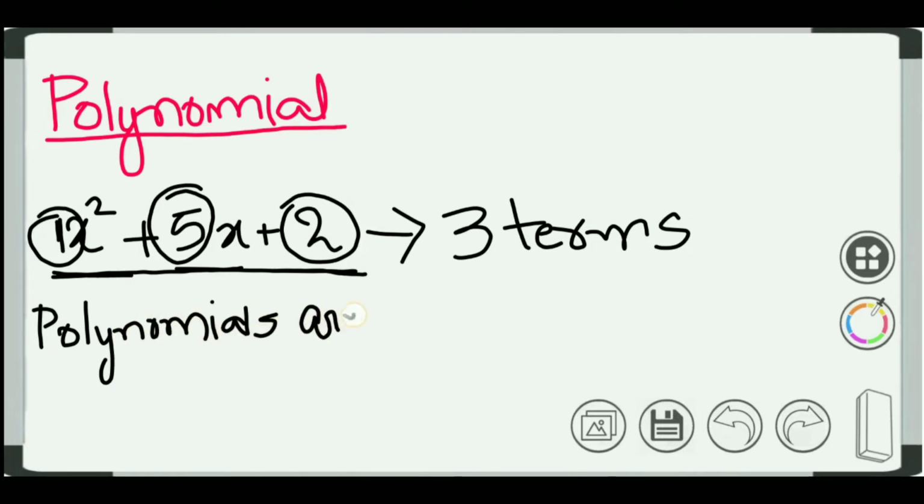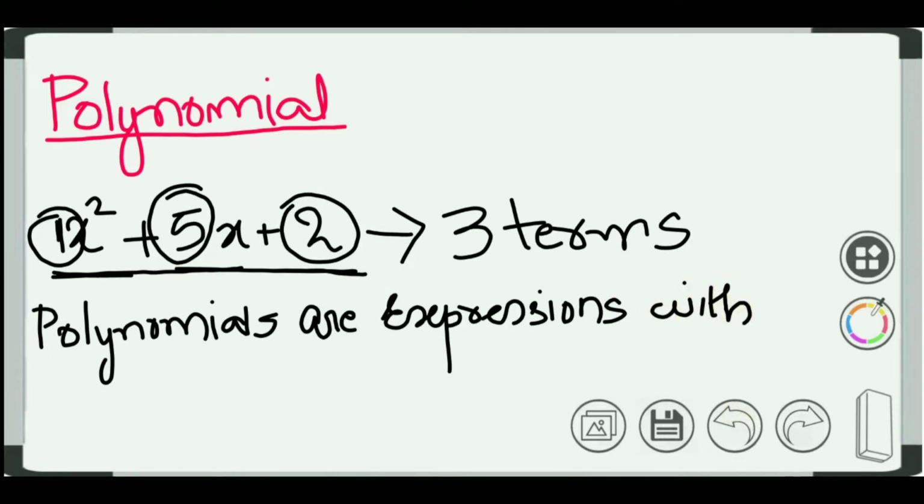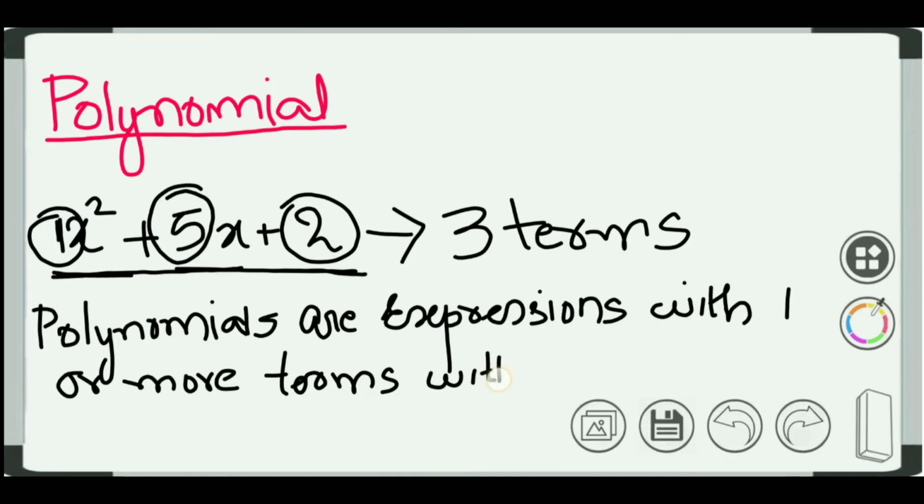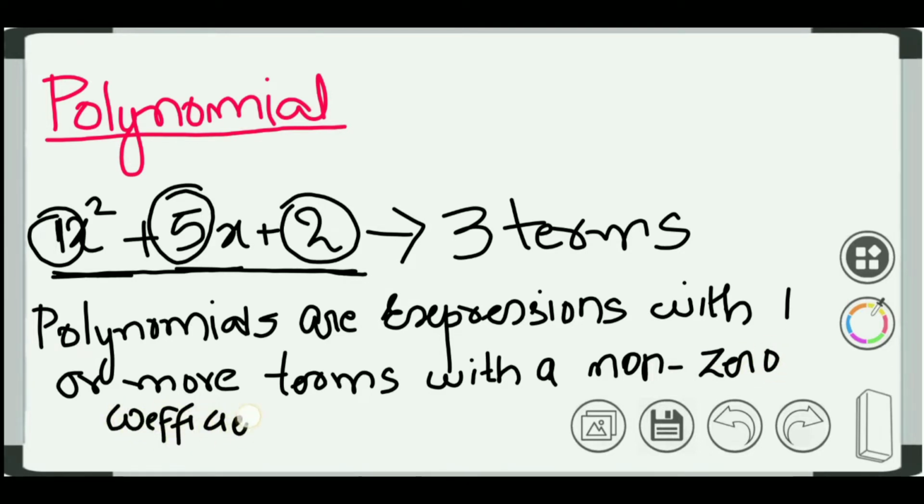So the definition is: polynomials are expressions with one or more terms with a non-zero coefficient.